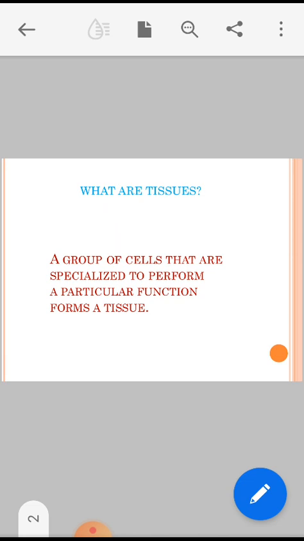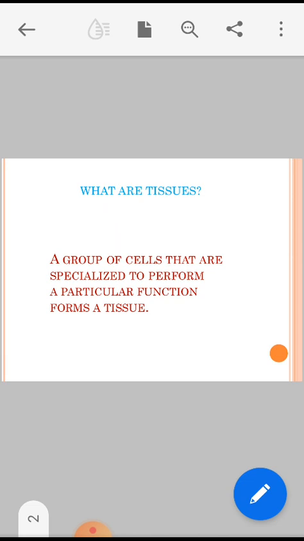What are tissues? A group of cells that are specialized to perform a particular function forms a tissue. The cells are the fundamental unit of life. They are the base and they are found in all types of plants and animals and even in microorganisms. So they are found in multicellular as well as unicellular organisms.